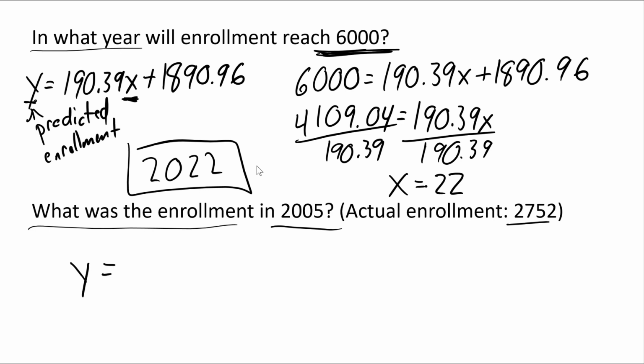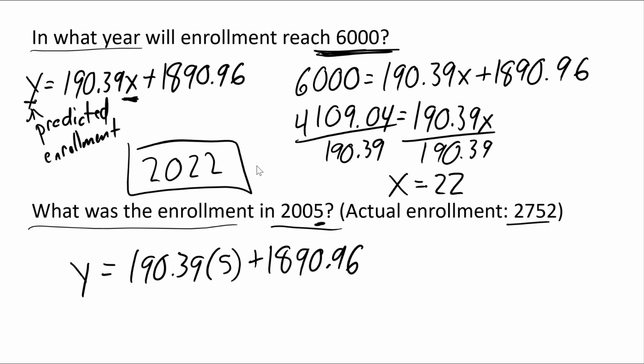So we have y equals 190.39 times x. So x is the number of years since 2000. That's 5 years since 2000, plus 1,890.96.